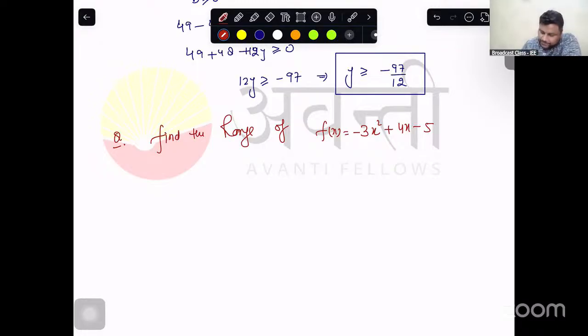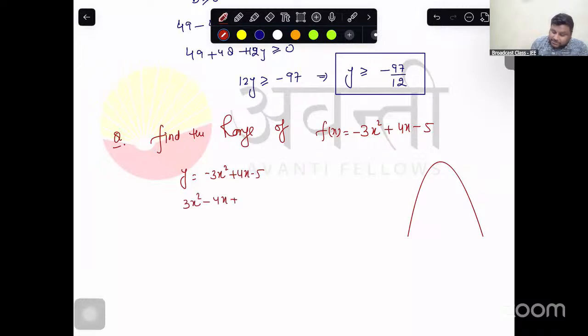Now again, first of all, since it is a downward opening parabola, range will be somewhere between minus infinity to this topmost point, minus infinity to minus d by 4a. Fine. If I go with the method, it is y equals minus 3x square plus 4x minus 5. So 3x square minus 4x plus 5 plus y equal to 0.